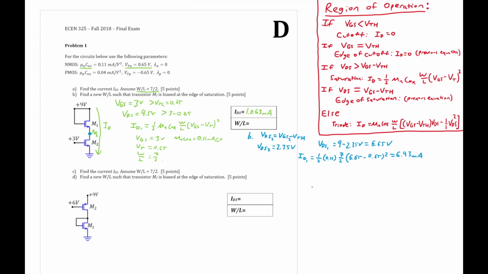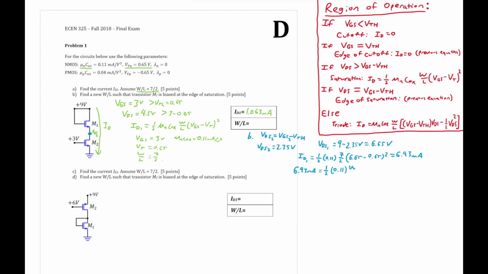Okay, this means that the current going through M2 is 6.93 milliamps. So then we can use the same equation to solve for ID2. However, we just changed the voltage. So we know our ID to be 6.93 milliamps, which is equal to 1 over 2, our mu n COX is still 0.11.